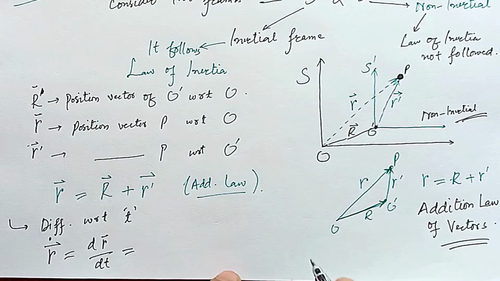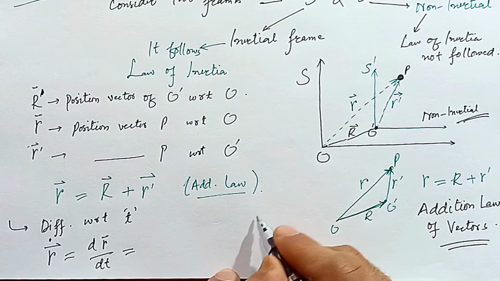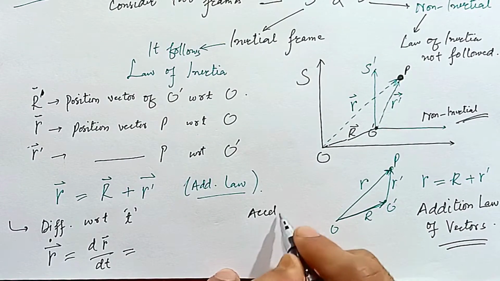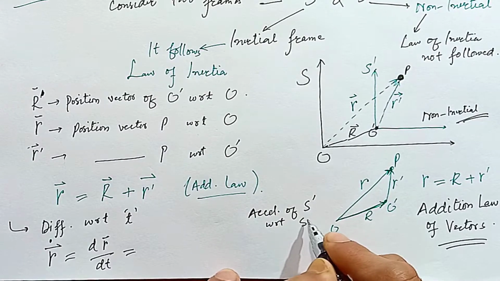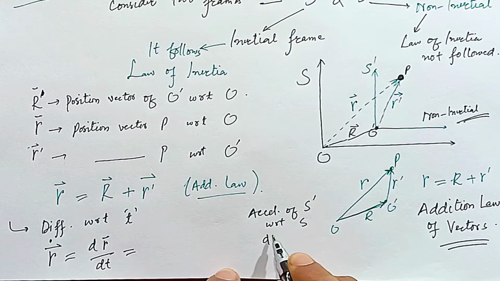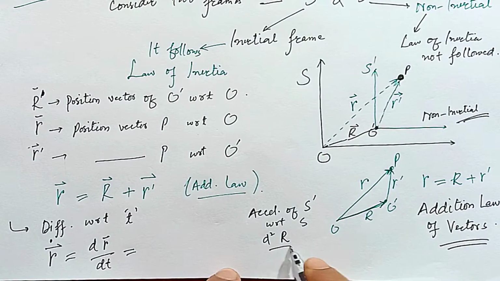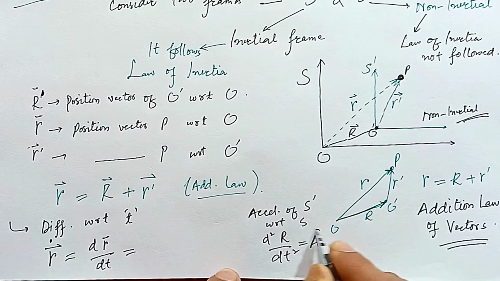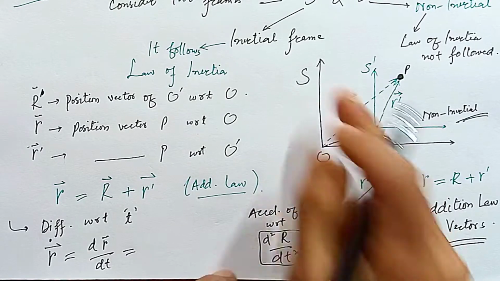That is given as the acceleration of S prime with respect to S, which will be the double differentiation of the position vector R with respect to time.